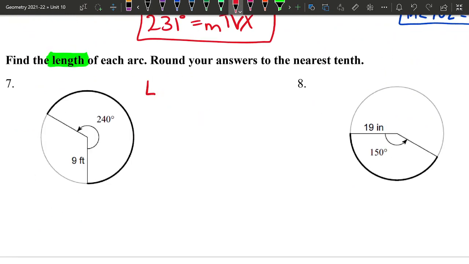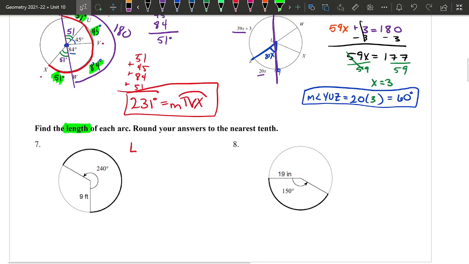L equals 2 pi r times the measure in degrees over 360 degrees. So you need two things to use this. You need to know what the radius is, and you need to know the measure of the arc in degrees.